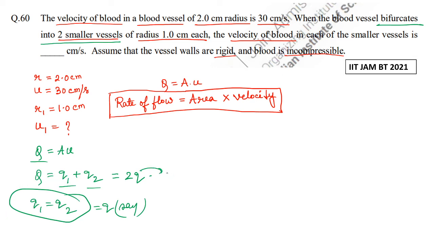small q is the rate of flow through the smaller blood vessels.